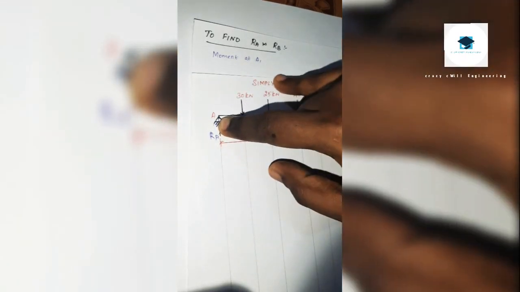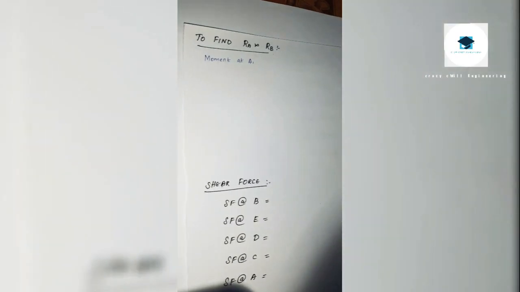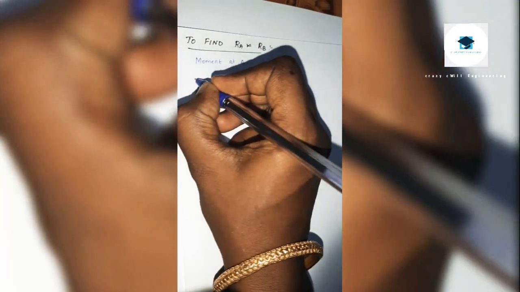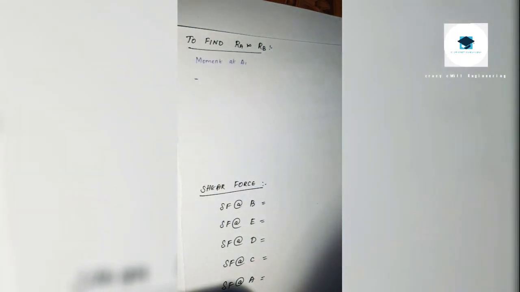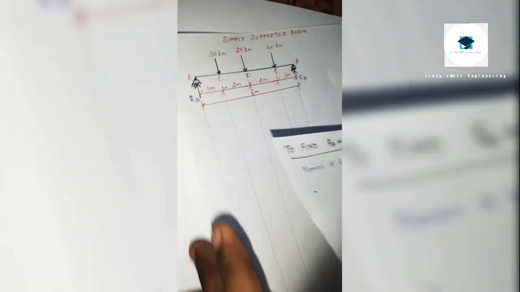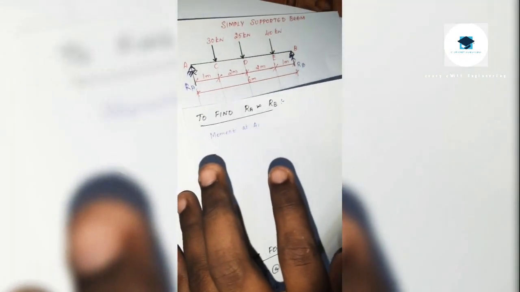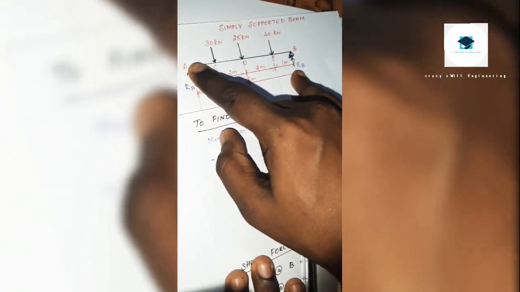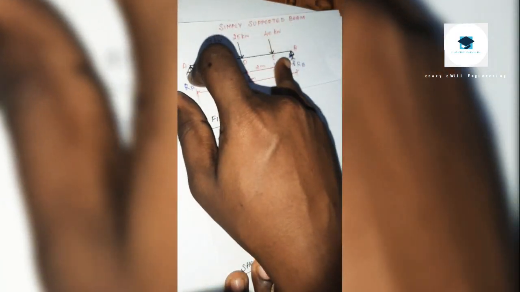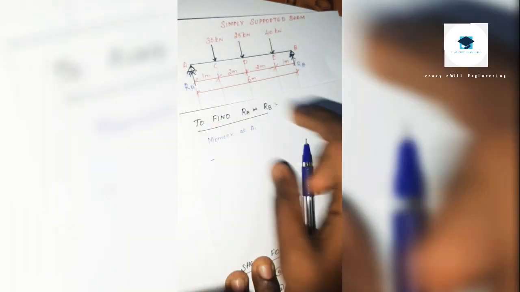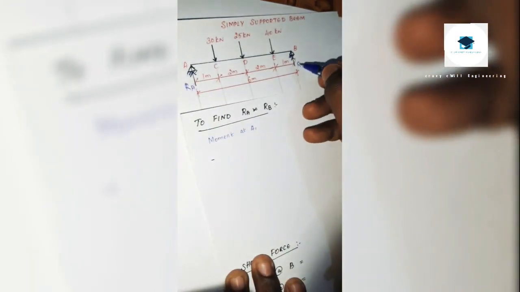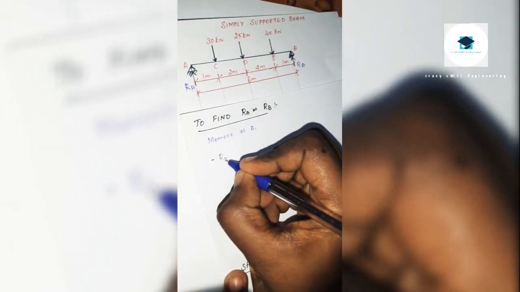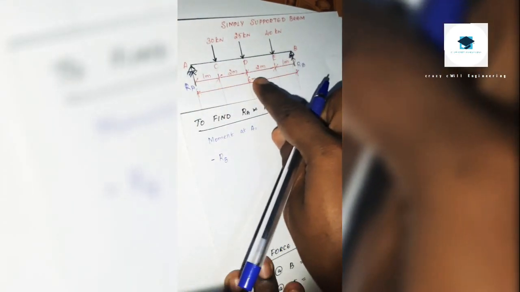Anti-clockwise means negative, so put negative sign. So minus RB at a distance of 6 meter.